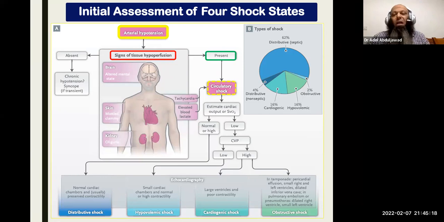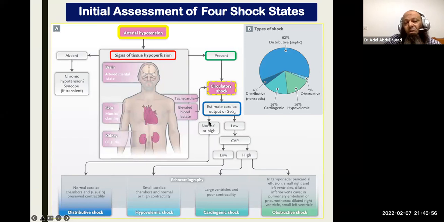Now your role is to delineate what type of shock: is it distributive shock, hypovolemic shock, cardiogenic shock, or obstructive shock? The next step is to estimate, if you have a tool, the cardiac output or the central venous saturation, or mixed venous saturation if the patient has a Swan-Ganz catheter.